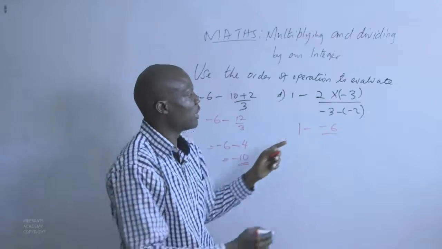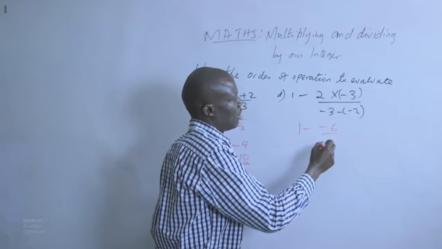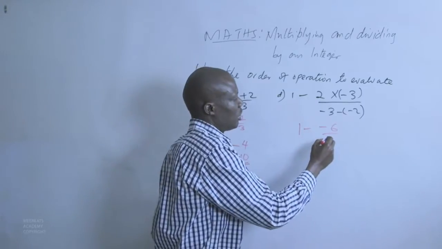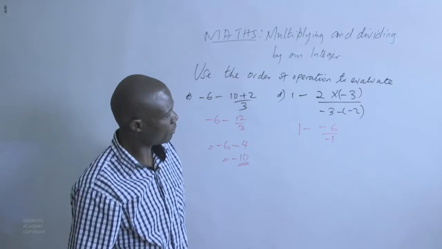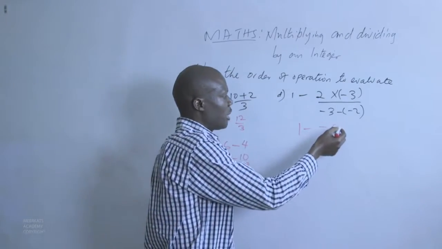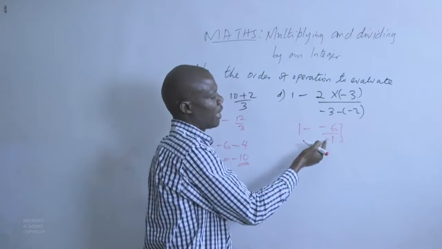So this will give us the denominator as negative 3 plus 2, which is negative 1. So we have a quotient here.